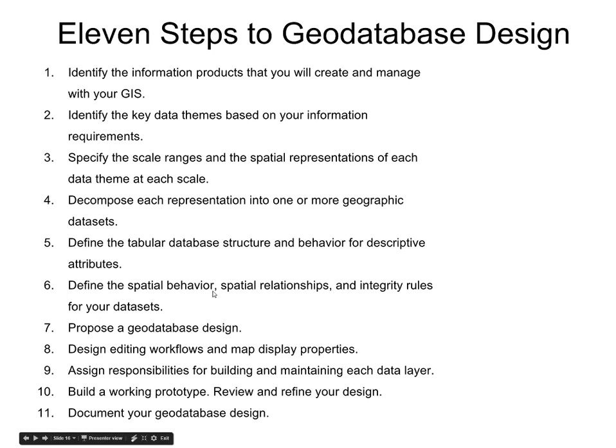From there, you define the spatial behavior, spatial relationships, and integrity rules. Number 6. For features, you can add spatial behavior and capabilities, and also characterize spatial relationships inherent in your related features for purposes such as using topologies and networks.